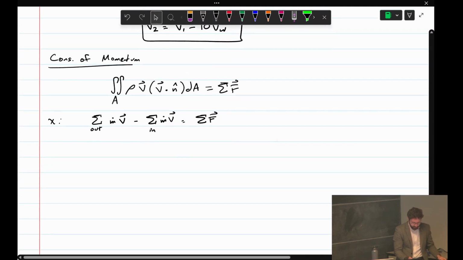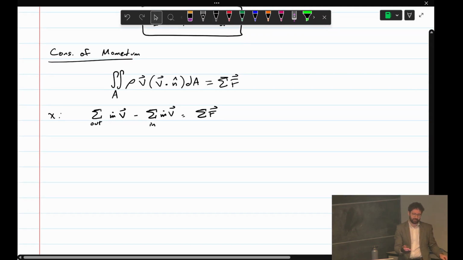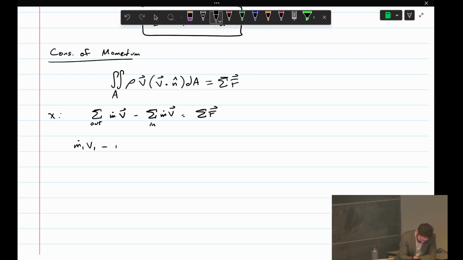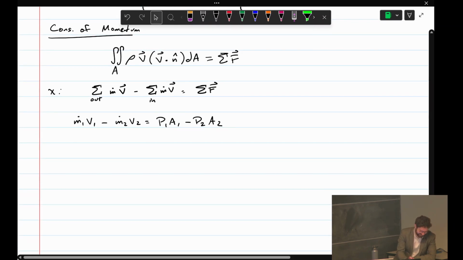The momentum flux through that porous section is going to be in our y direction, so there's no momentum flux there in the x direction. So we just have our nice formulas: P1 A1 minus P2 A2. It's actually quite nice.